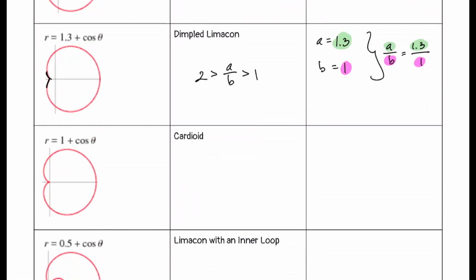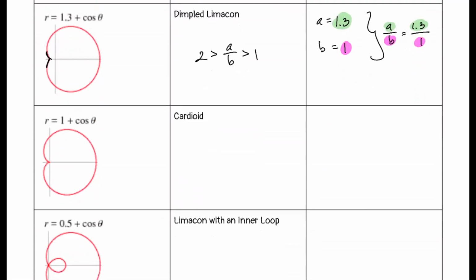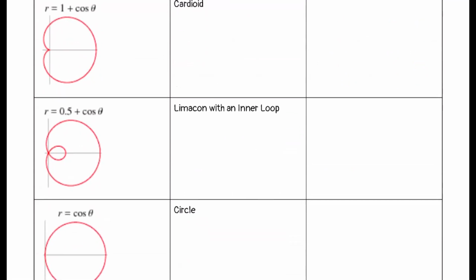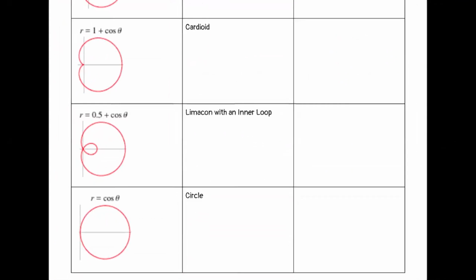Now, if we keep going down, let's fill in these other ratios and see what we get. Okay. So for the cardioid, well, what's our A? That's 1. What's our B? That's 1. So A over B equals 1 over 1. Okay.